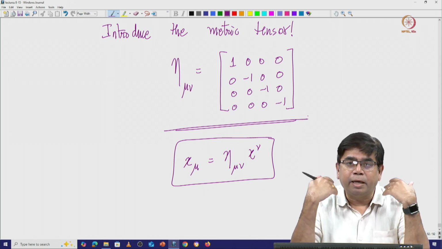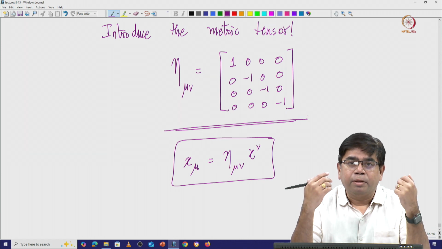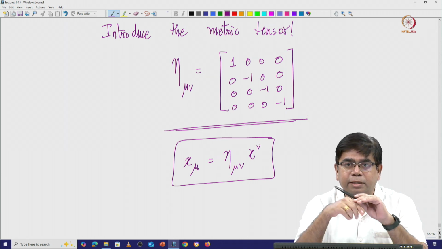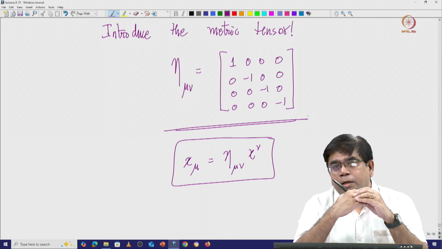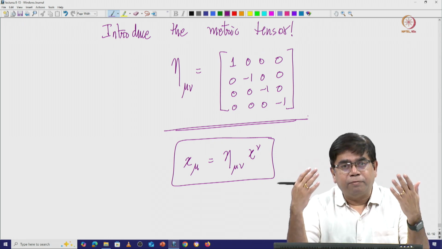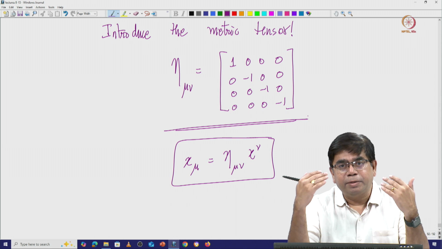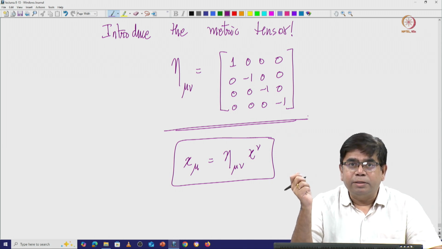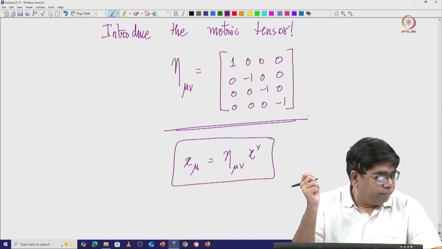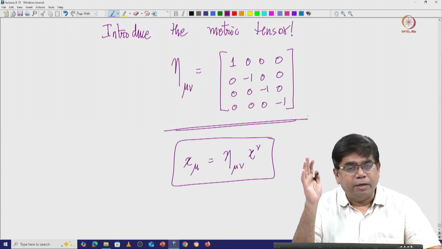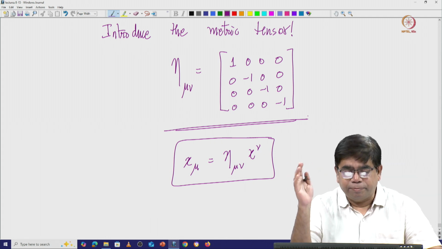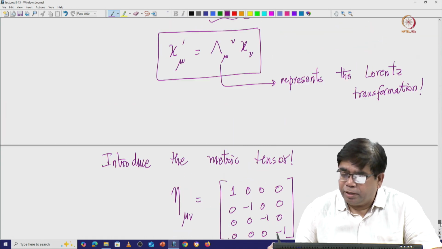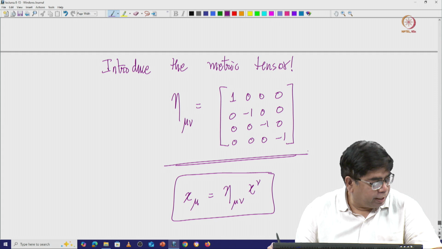The reason I am getting into it is that if it forms a group, it should keep something invariant. There is some symmetry transformation, and this symmetry transformation keeps something invariant. So that's what we are looking at.